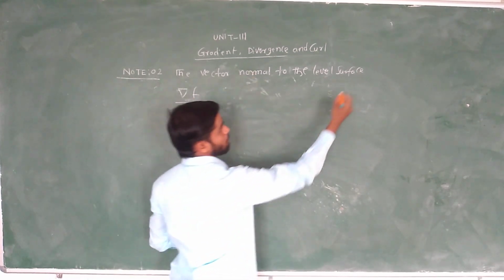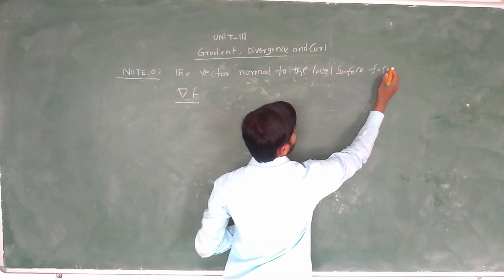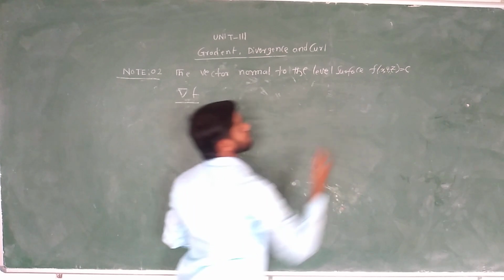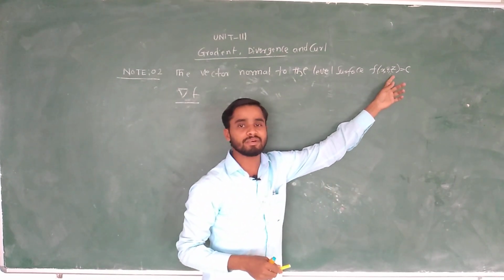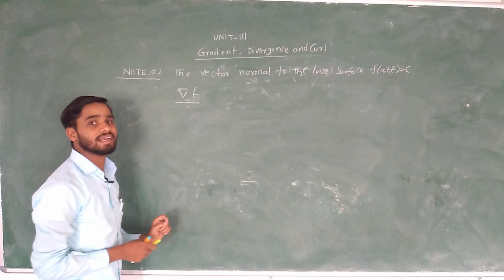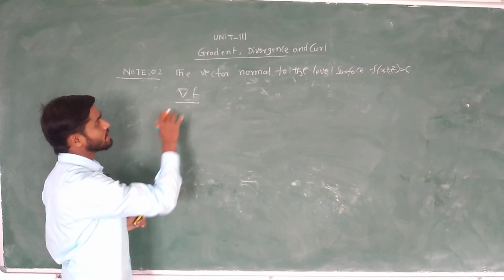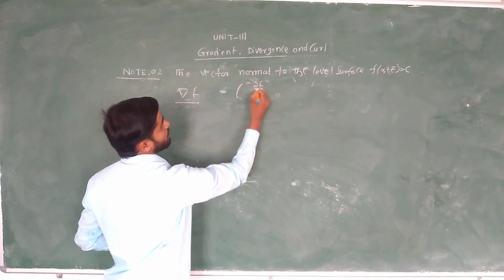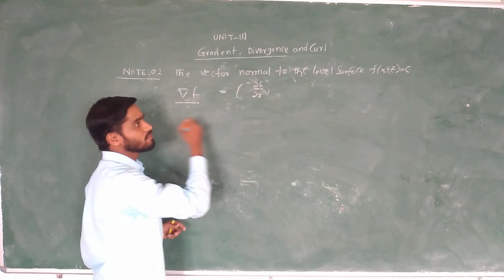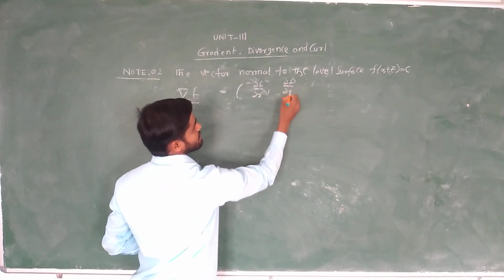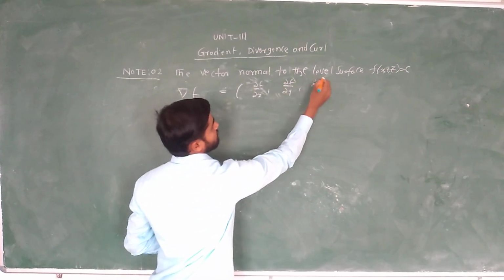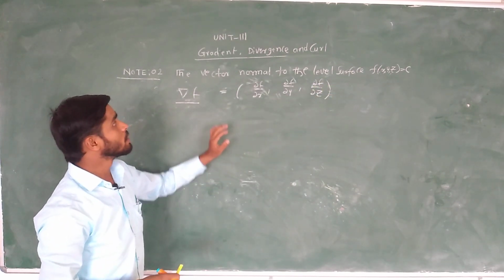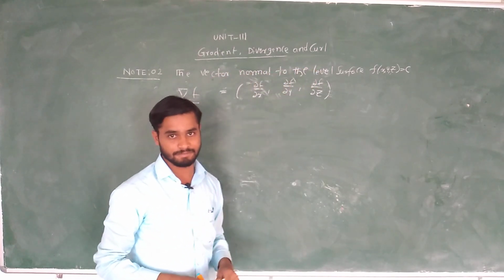Suppose f of x comma y comma z is equal to c. To this level surface, if you want to compute the normal vector, simply compute gradient of f. So gradient of f is equal to dou f by dou x as the first component of del f, dou f by dou y as the second component, dou f by dou z as the third. If you compute this one, that is enough to compute the vector normal to the level surface.